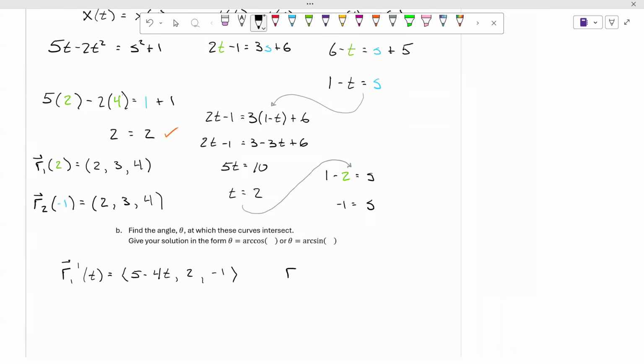I'll also go get R2 prime. This one will be of S. And it's equal to 2S, 3, 1.